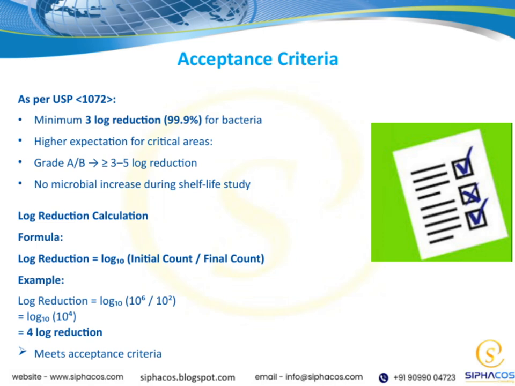Log 10 of 10^6 divided by 10^2, which simplifies to log 10 of 10^4, that equals 4 logs of reduction. In this case, a 4-log reduction meets the acceptance criteria, demonstrating a substantial decrease in microbial load. Understanding this calculation helps us verify that our sterilization or decontamination processes are effective and compliant with USP standards.